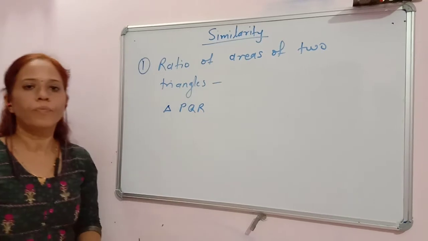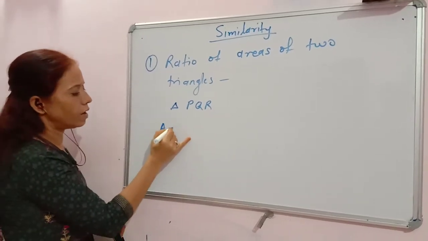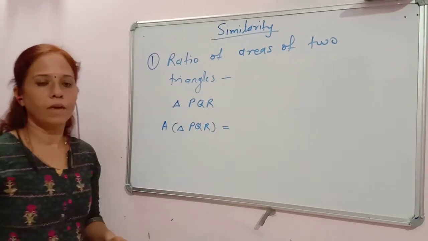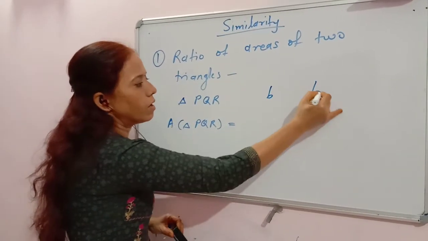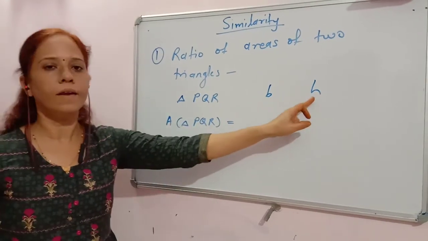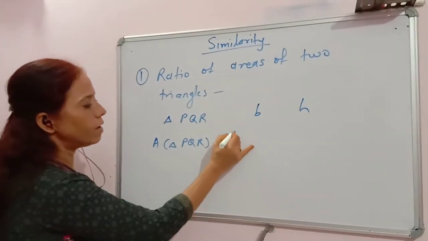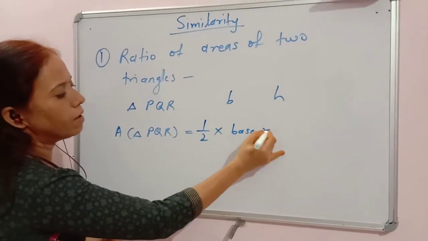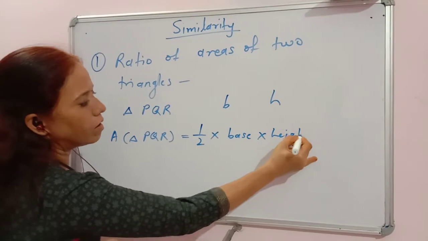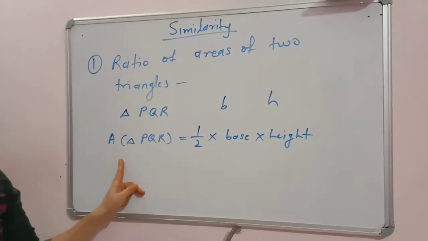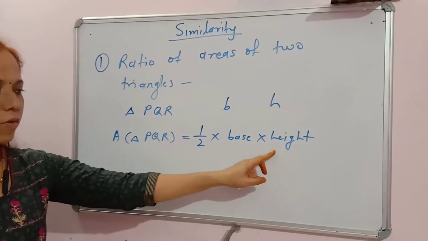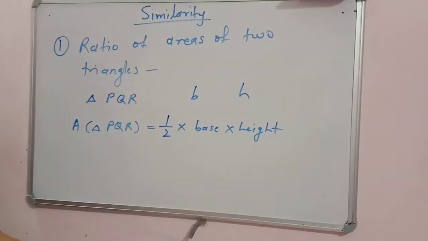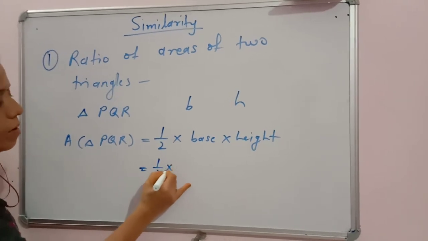This triangle has base B and height H. So its area is 1/2 multiplied by base multiplied by height. This is the general formula for the area of a triangle having a particular base and height.